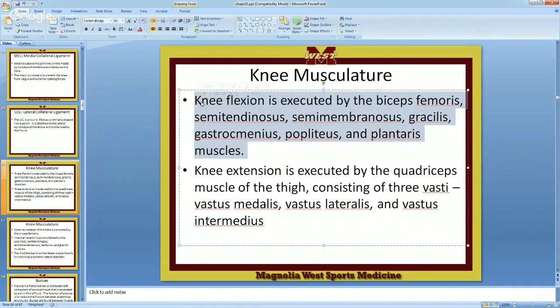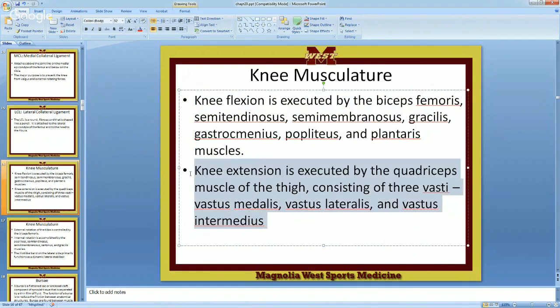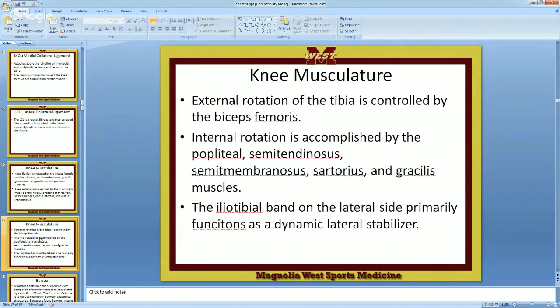Flexion is executed by biceps femoris, semitendinosus, semimembranosus, gracilis, gastrocnemius, popliteus, and plantaris muscles. You need to name 4 of those. You also need to name 4 muscles that cause knee extension. So you best get started on it in a hurry.